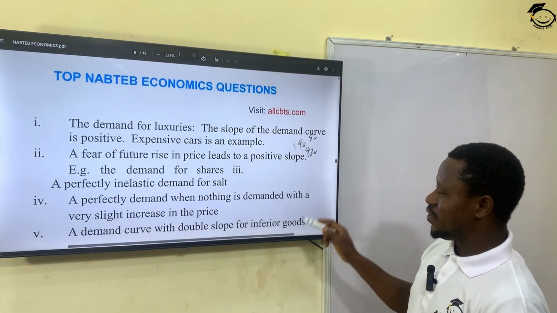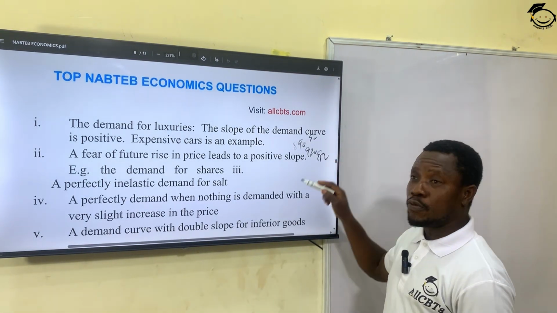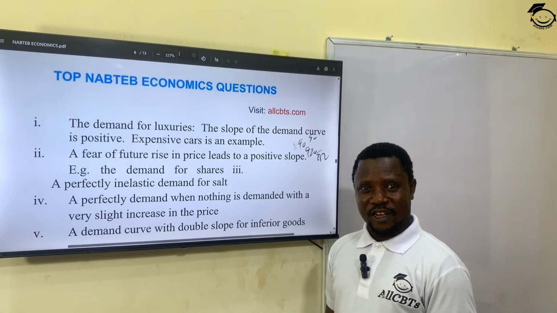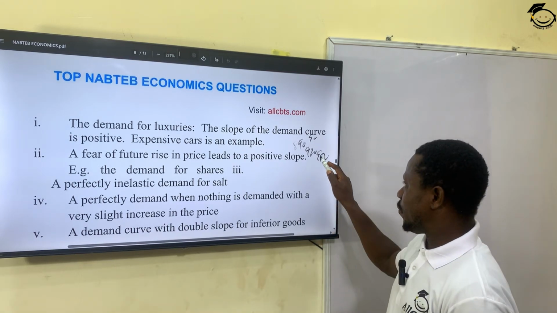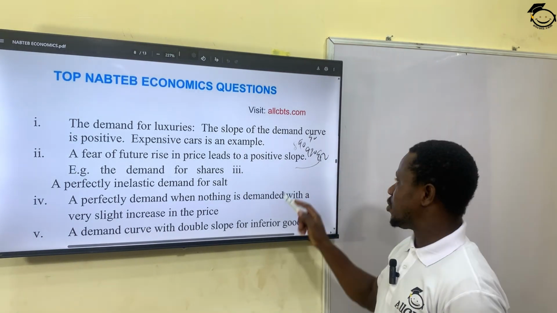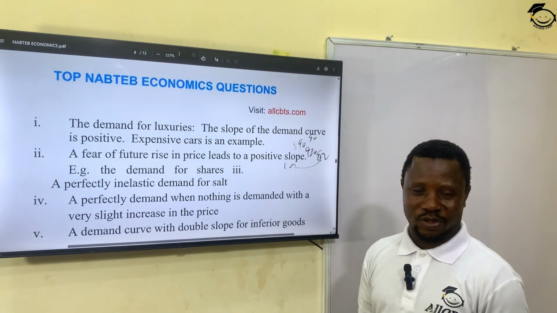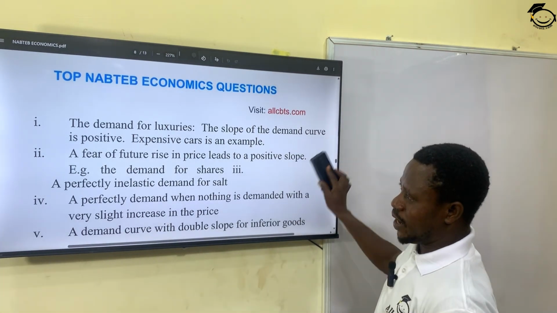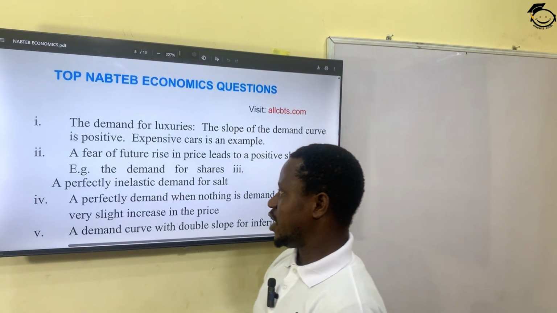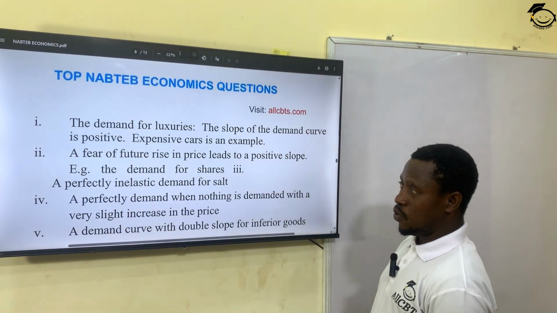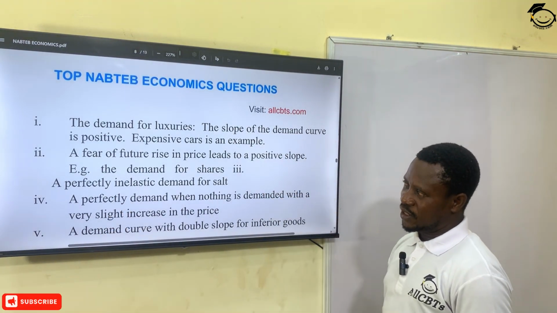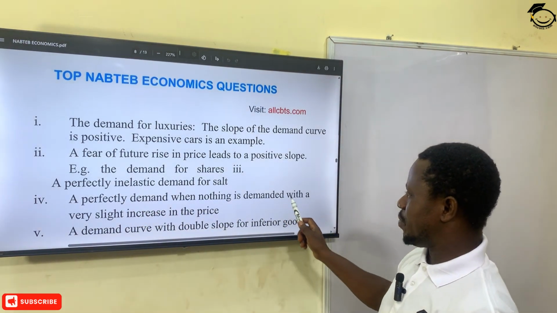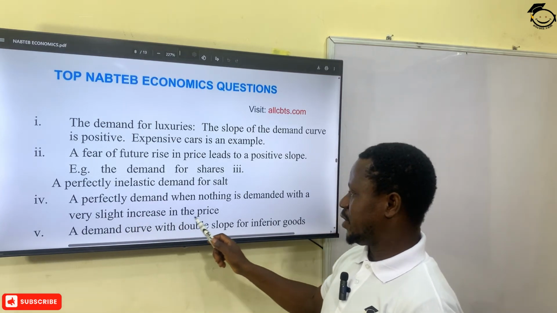If the price should go to 950 now, you will see people rush to fuel stations to fill their tanks, because in Nigeria, by tomorrow or the next day it can go to 1,000, and before you know it, 1,200. That is fear of a future rise in the price of that product. It makes the demand increase.